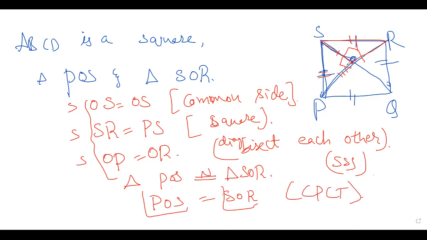Now we have proved these two are equal, and you have to prove it is 90. Now you have to prove both are 90 degrees. So it is a straight line and OS is standing on the straight line PR. So it is a linear pair of angles. You know these two are a linear pair of angles. What is the sum of a linear pair of angles?